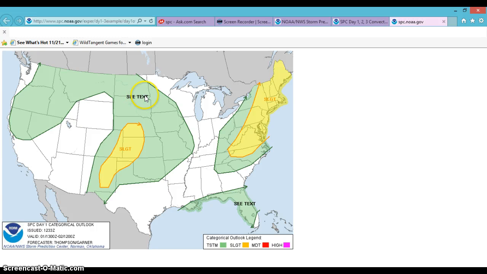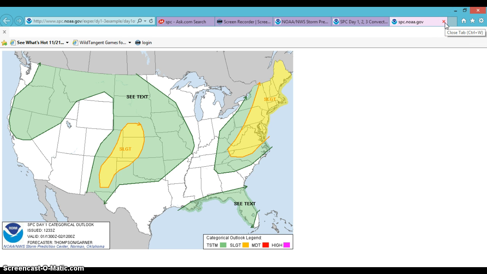So C-text means to go look at the discussion and read about it, and it would explain that it was too low to be categorized as a slight risk, but if you went down and read the discussion, it would talk about a marginal threat of severe weather.